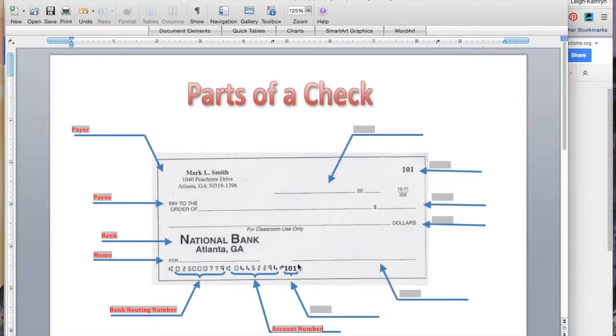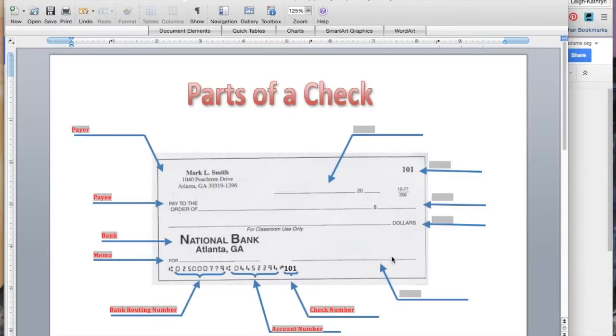All right, the third set of numbers right here, this is actually our check number. So if the bank calls and says we have a problem with check number 101, that's your check number.